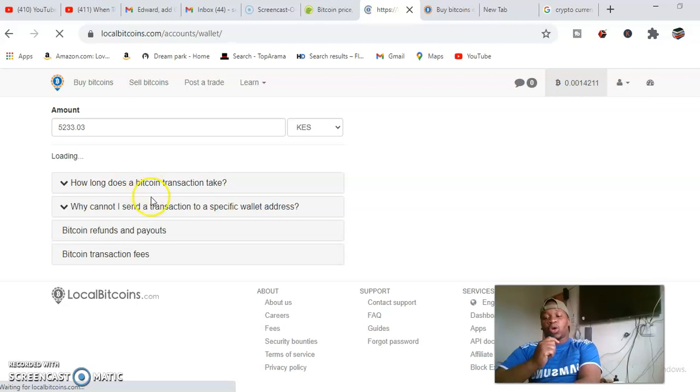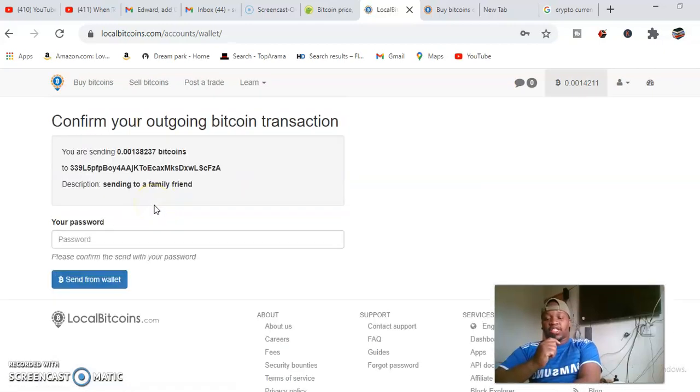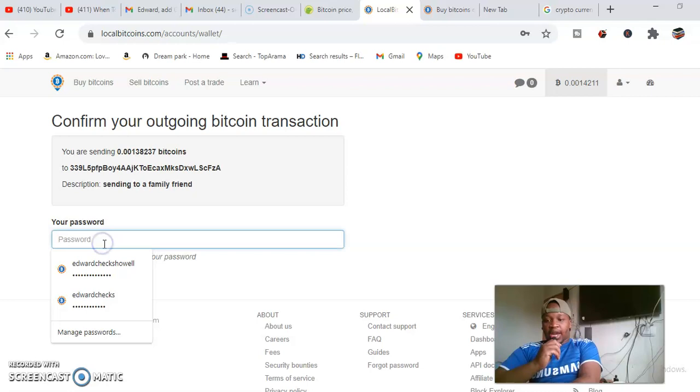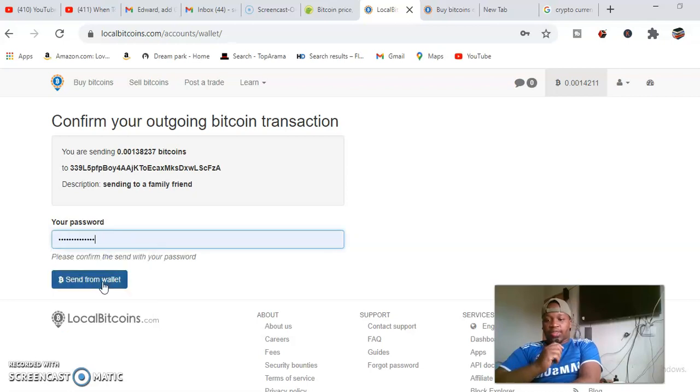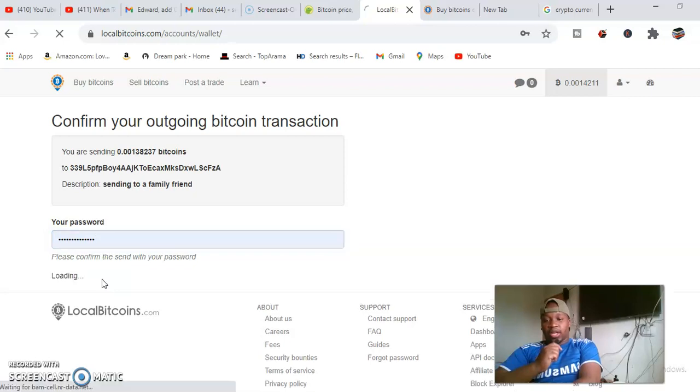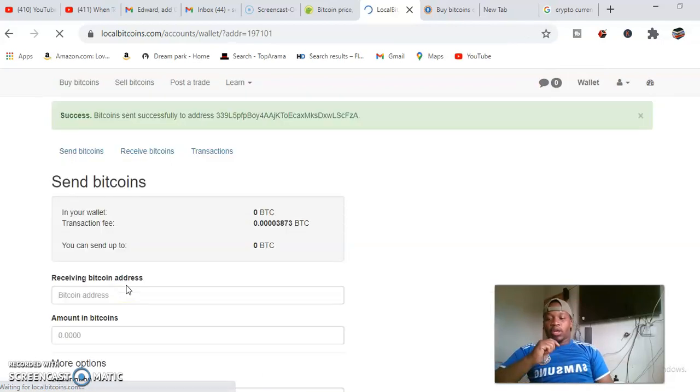Once I say continue, I'll send them my Bitcoin. It tells me to confirm your outgoing Bitcoin transaction. It tells me to enter my password to this account. I'll enter the password, then I will send them. Please confirm and send from your wallet. I'm sending to a friend, and in a few seconds it will tell me it's loading.